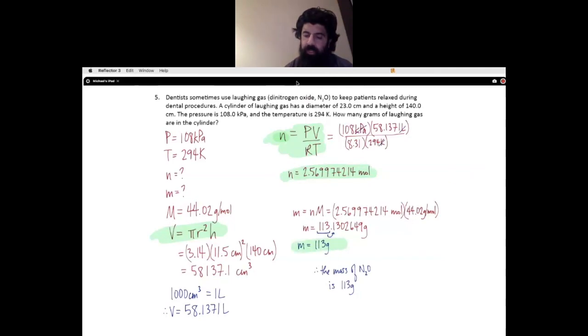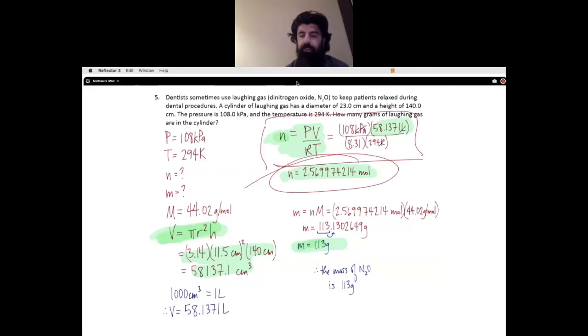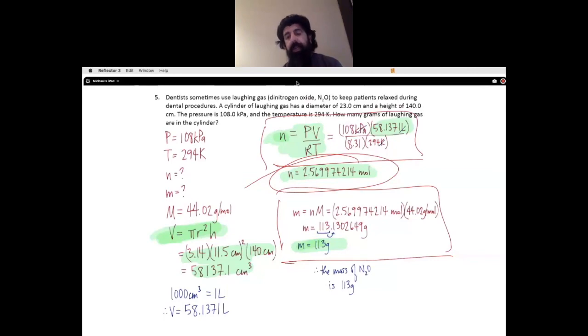Okay, and there's our mass, but in order to find the volume that we found here, we would need to find the volume of the cylinder. But anyhow, understand that I could be asking you in a question, find the number of moles, and then taking that number of moles and finding the mass of something. So just be aware of what kind of questions. Again, please do the practice problems, do the homework questions that I have outlined on my website.